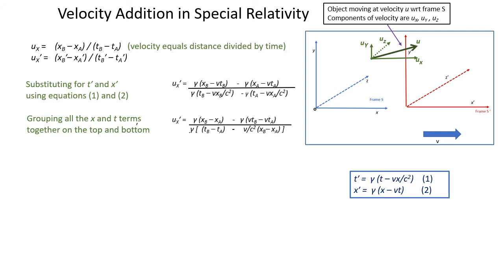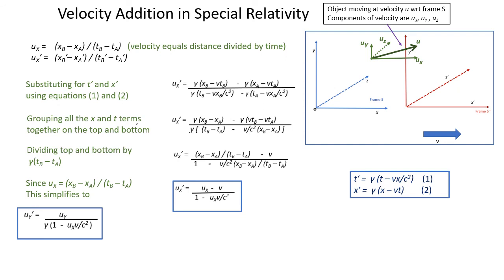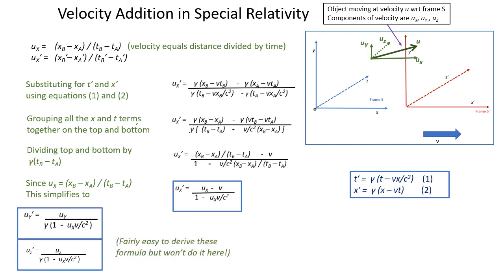Dividing top and bottom by gamma into (tb minus ta) gives us this, and since of course ux equals (xb minus xa) divided by (tb minus ta), we have the final result. Also, if we look at the velocity in the y direction, which is of course perpendicular to v, then we have this, and similarly for the velocity in the z direction.